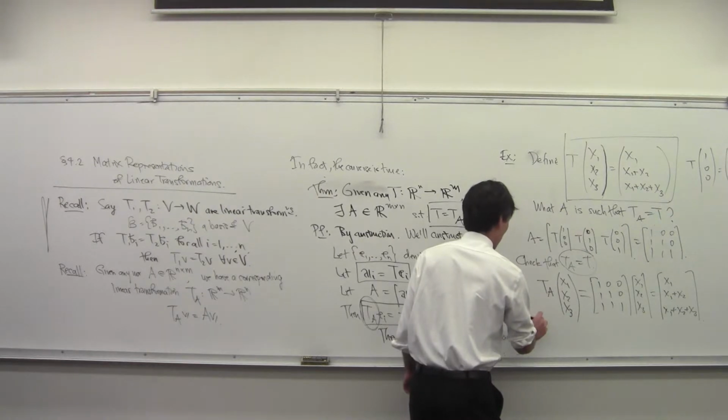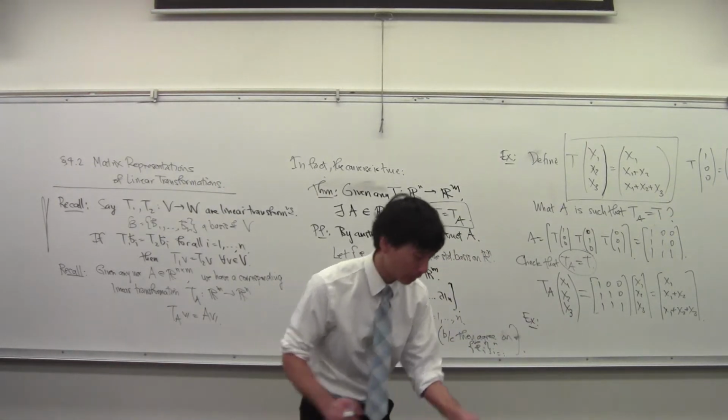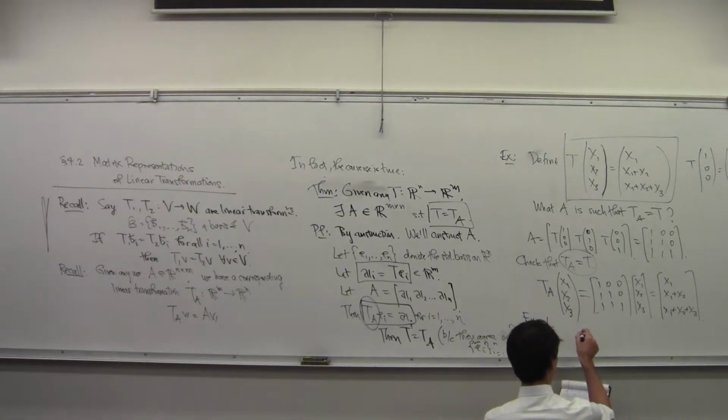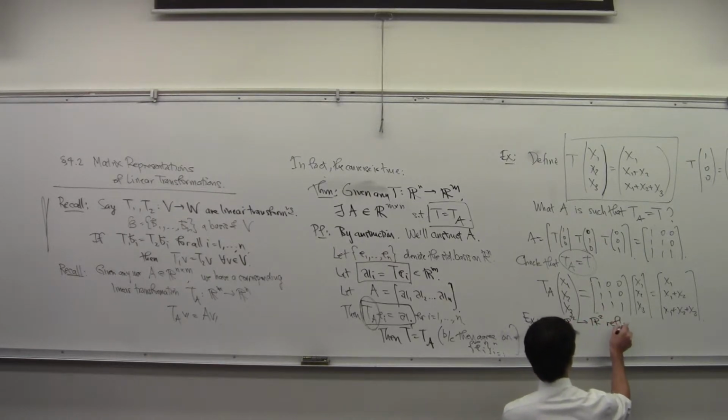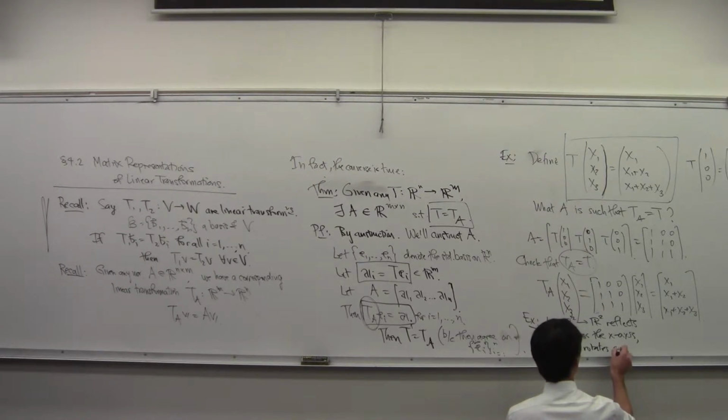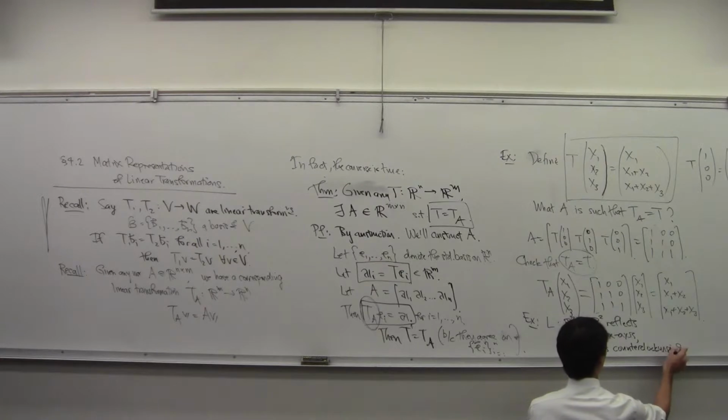Let you try one. So L is the linear transformation. L goes from R2 to R2, and it reflects each vector across the x-axis, then rotates counterclockwise, sorry, 90 degrees.